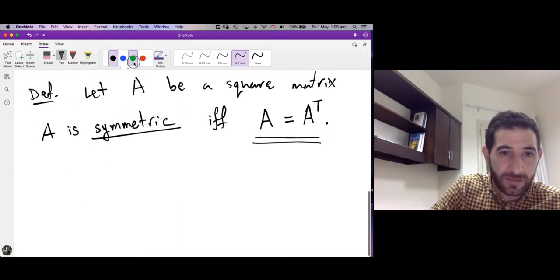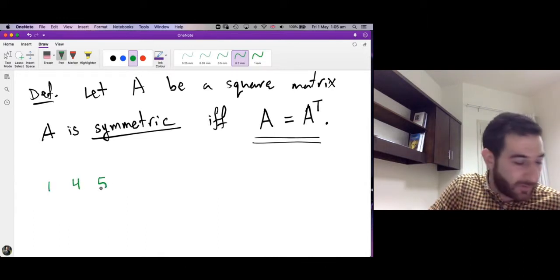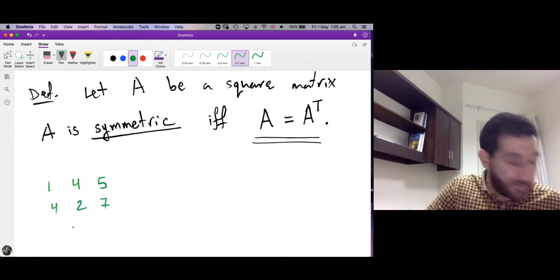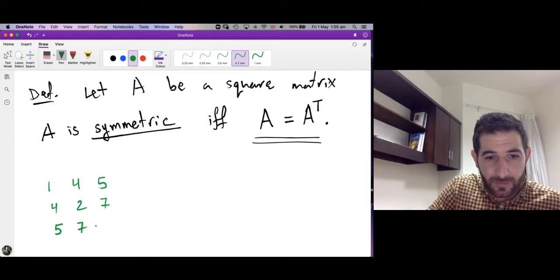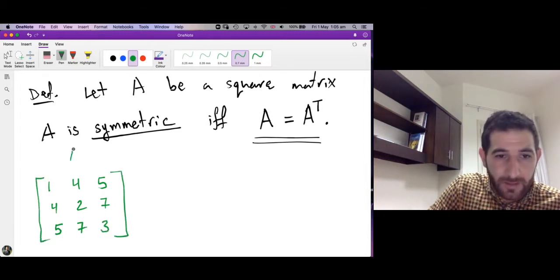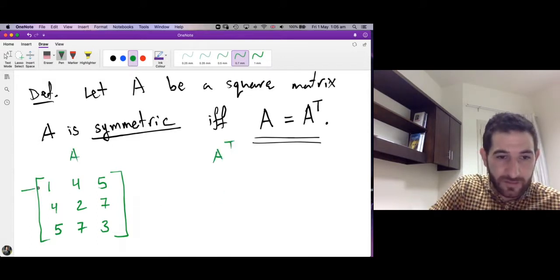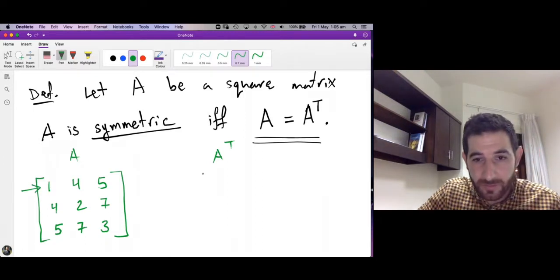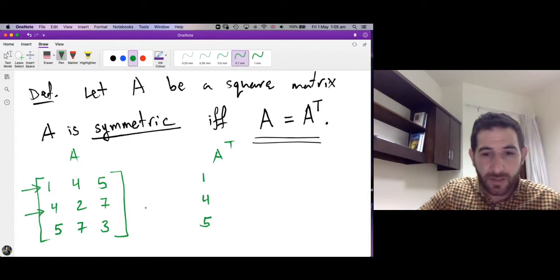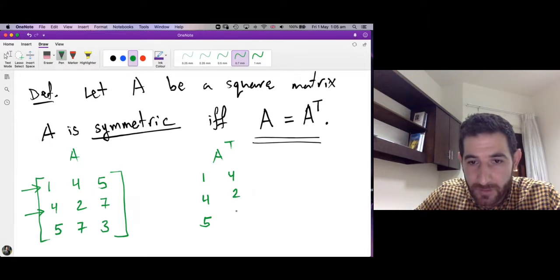Let's start with a 3 by 3 matrix: 1, 4, 5, then 4, 2, 7, and then 5, 7, 3. So this is the matrix A. Now let's compute A transpose. You take the first row and make it the first column, so here we have 1, 4, 5. Then take the second row and make it the second column, so here we have 4, 2, 7.